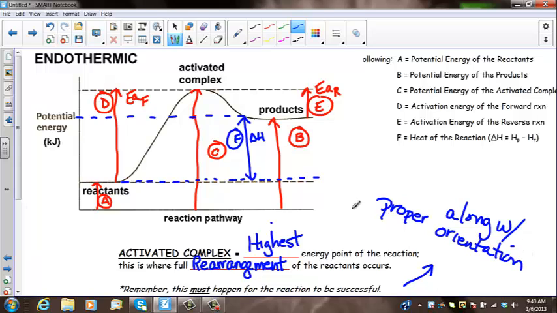So you have to have the activation energy, and orientation, which is bond angle. In order to get to this activated complex, these are the two things that you need: activation energy, EA, and proper orientation.